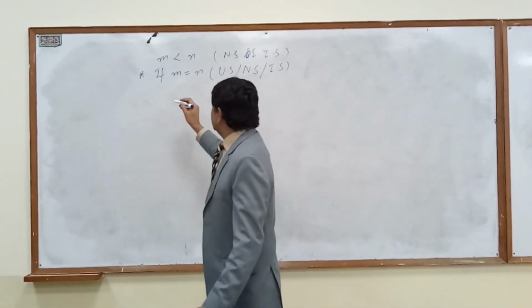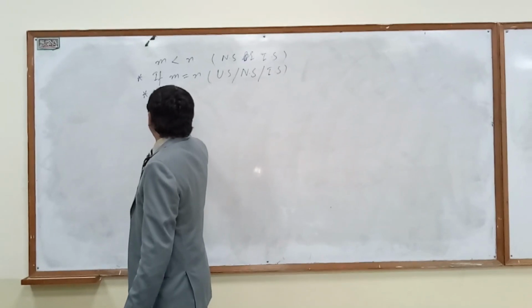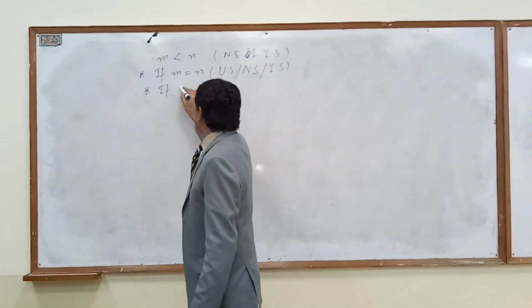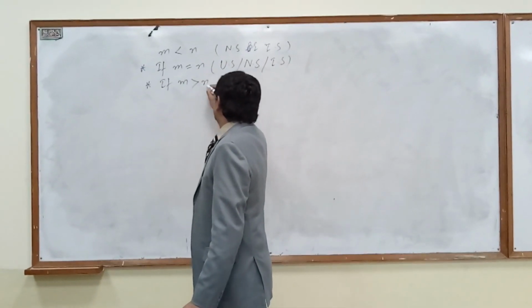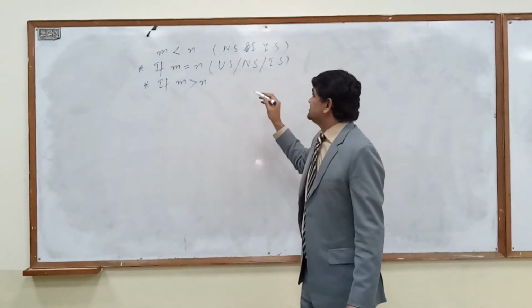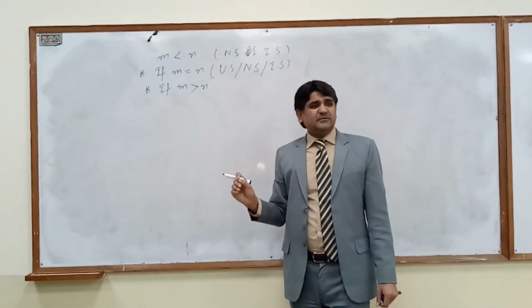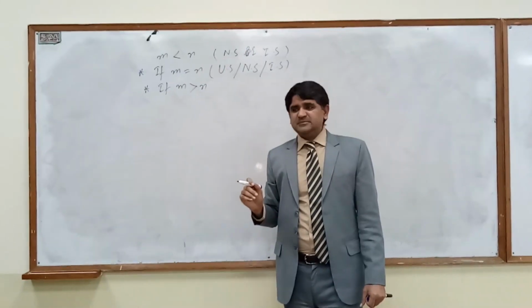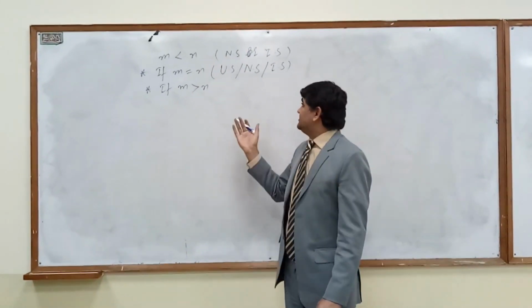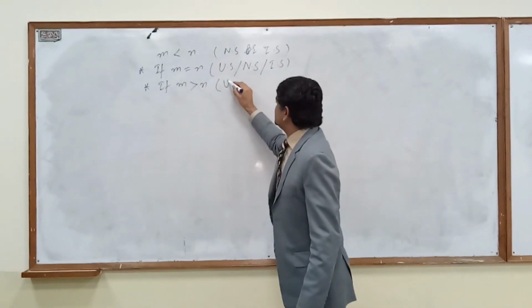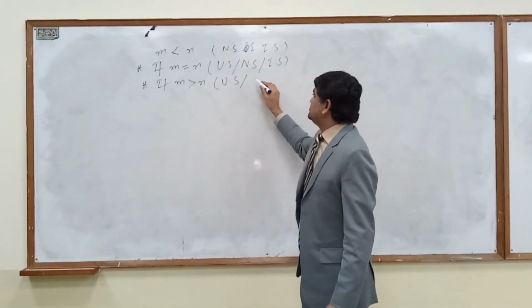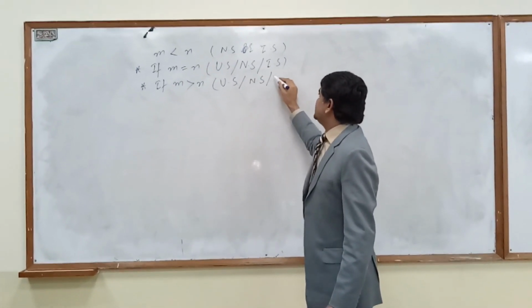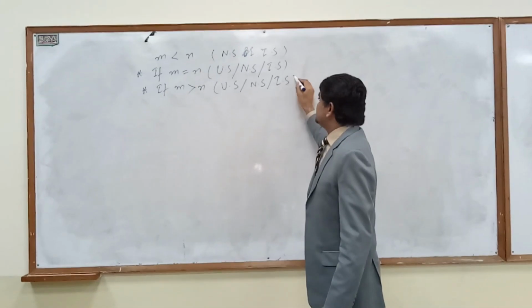The third property is that the number of rows can be greater than the number of columns. Again, our solution set can be unique, no solution, or infinite solutions.